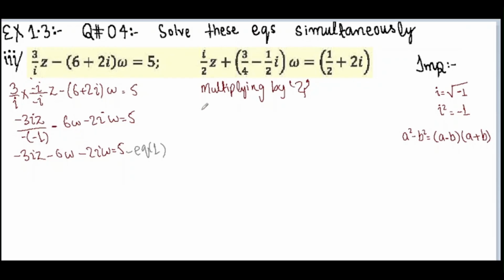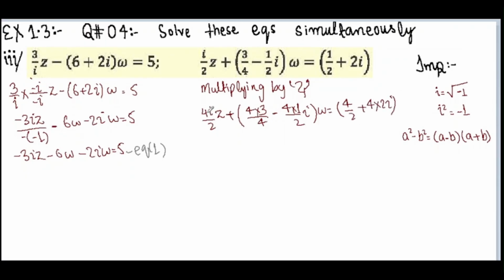So we get 4 iota by 2 Z plus, inside the bracket, 4 into 3 by 4 minus 4 into 1 by 2 iota into W equals 4 by 2 plus 4 into 2 iota.